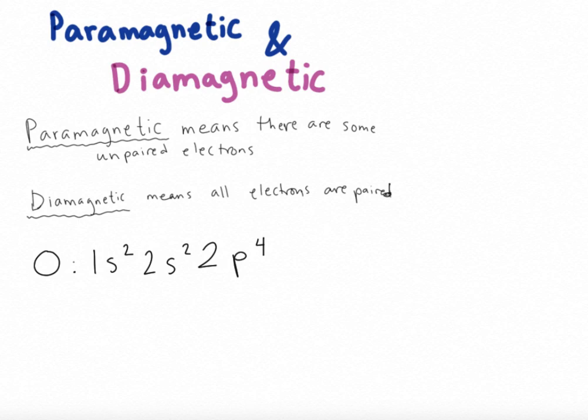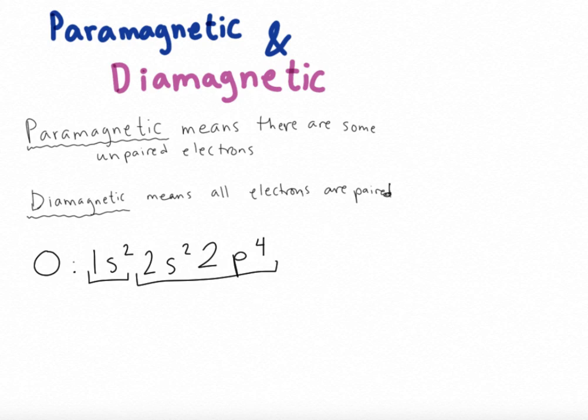So what we do is we focus on the valence electrons. Right here, this is the core electron for oxygen, and then these are the valence electrons. If you're wondering what the valence electrons and core electrons are, the core electrons are the electron configuration of the last noble gas that comes before this element.